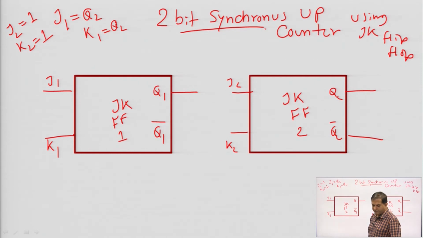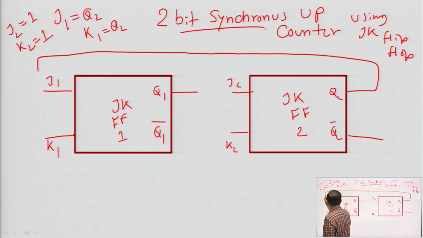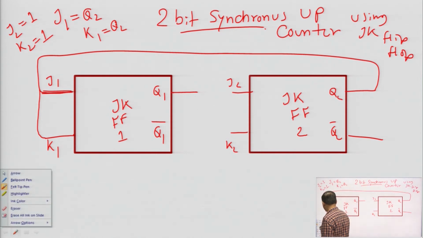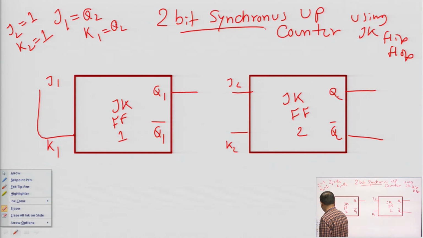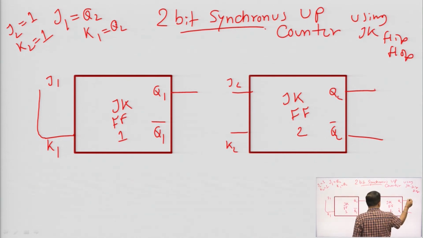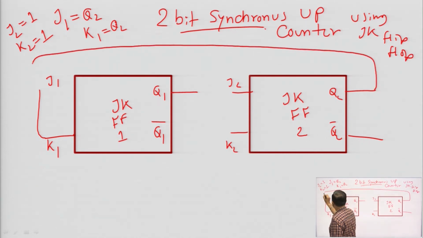Q2 is given as input to J1 as well as to K1. Is it clear to all of you? Q2 is given as input to J1 and K1.